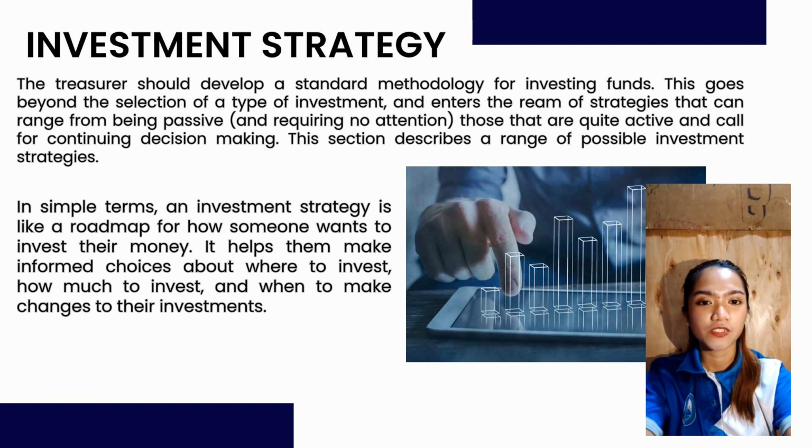Next is the matching strategy. A matching strategy simply matches the maturity date of an investment to the cash flow availability dates listed on the cash forecast. For example, ABC Company's cash forecast indicates that $80,000 will be available for investment immediately, but must be used in 2 months for a capital project.